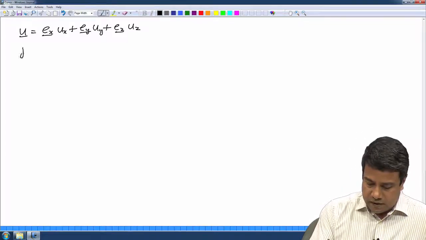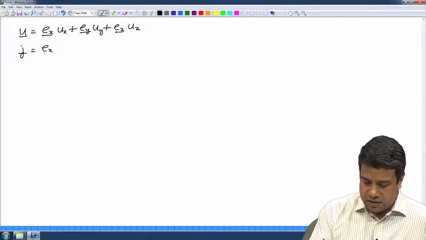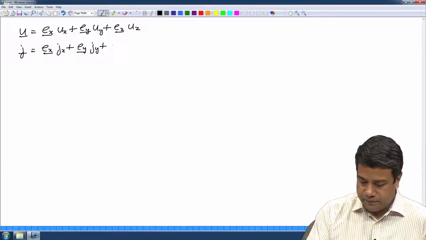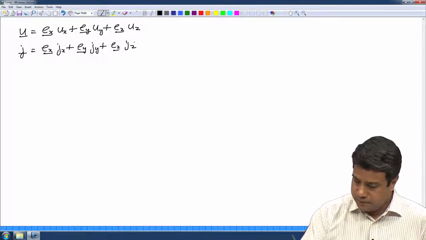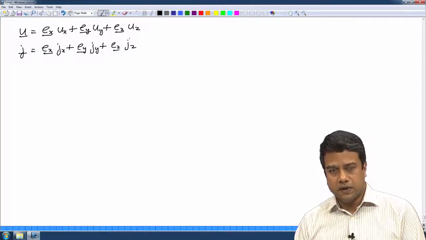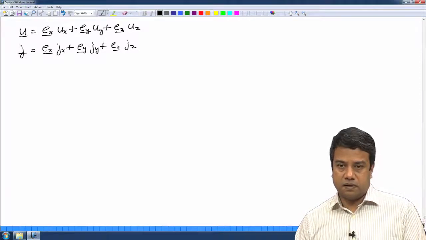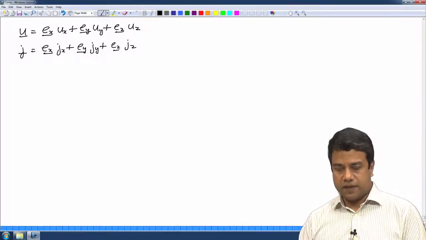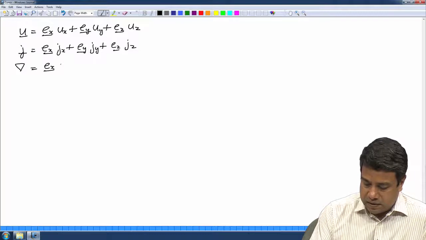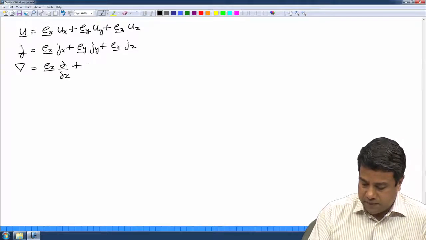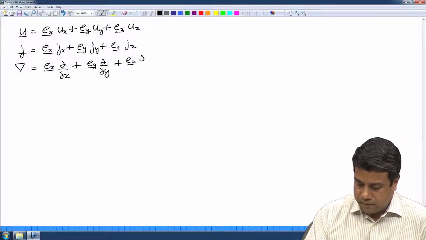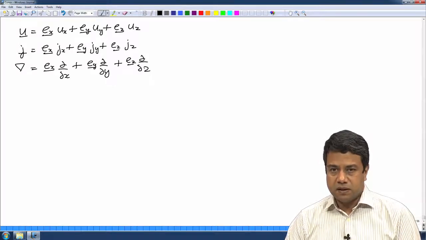Defined the flux as Ex jx plus Ey jy plus Ez jz, and I have defined a vector spatial derivative as del is equal to Ex partial by partial x plus Ey partial by partial y plus Ez partial by partial z. So, these are the three operators I have defined.